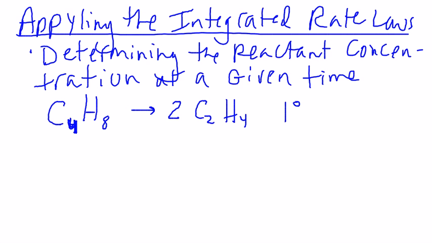we would use the first order rate law to determine how much of the reactant is left over at a given time. So let's say we have an initial concentration. Let's say the initial concentration of C4H8 is equal to 2.00 molar.